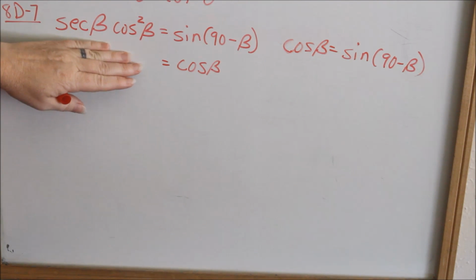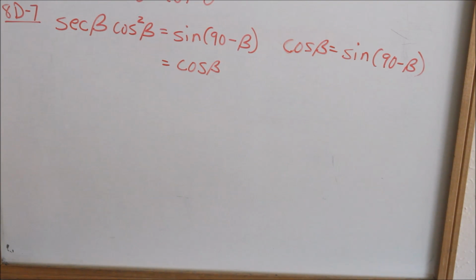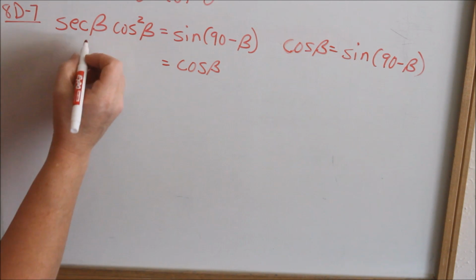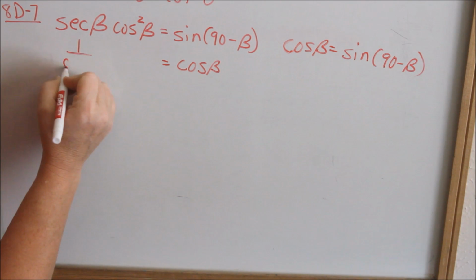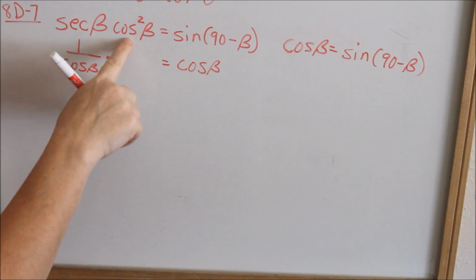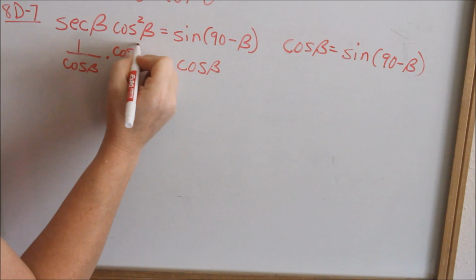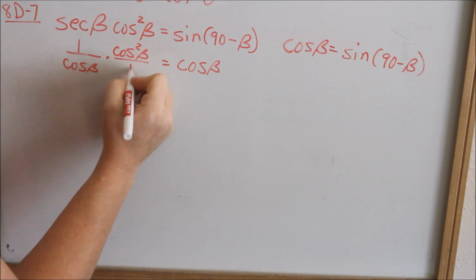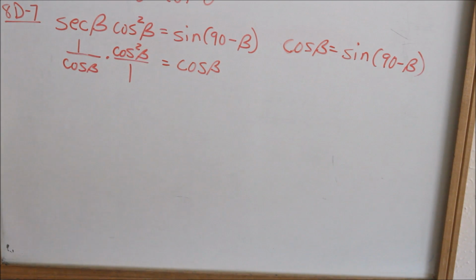Now going to the left hand side, my first goal that I always do is to change everything into sine and cosine. So I'm going to change secant into sine or cosine. Secant is 1 over cosine beta times, because this means multiplied, cosine squared beta. I can turn that into a fraction by putting it over 1.